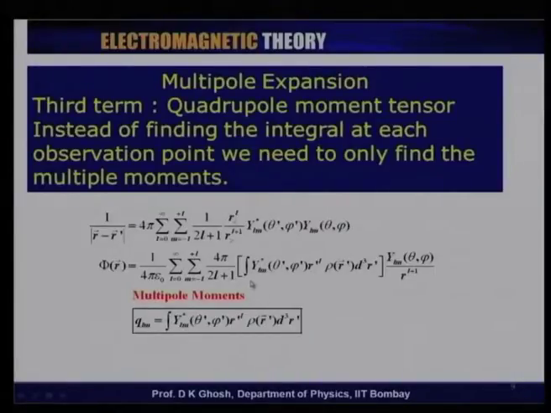And what I have done in this expression is to combine those terms which depend upon the integration variable, which gives me Y L m star theta prime phi prime r prime to the power l times rho of r prime d cube r prime, and Y L m theta phi, and this is actually r prime to the power l and here r to the power l plus 1. Once again I have assumed that r greater is r, r less is r prime.